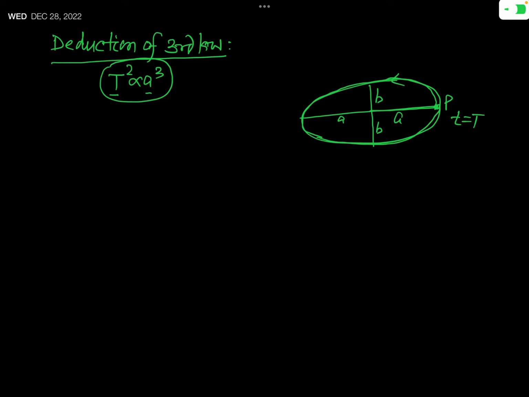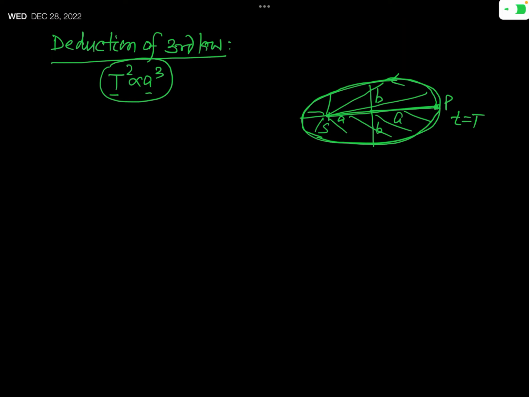See here, the planet starts moving from this point P and the sun is situated here. So this SP will move like this and describe these areas, and when one revolution is completed, the area described by the radius vector will be simply equal to the area of this ellipse.